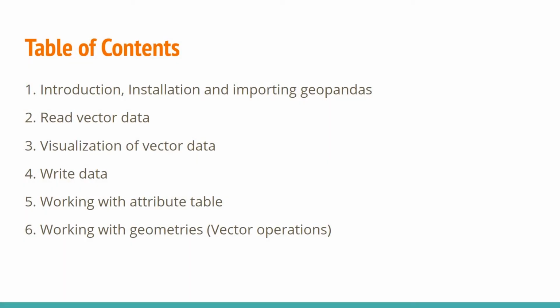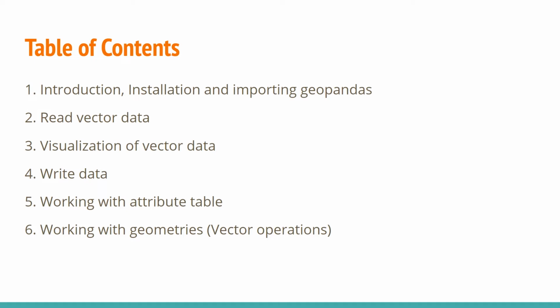So here is the table of contents for this section. First thing, we are going to install and import it, and then I'll show you the process of reading vector datasets like GeoJSON or shapefile, and then I'm going to show you the visualization of vector data, so how we can visualize it.